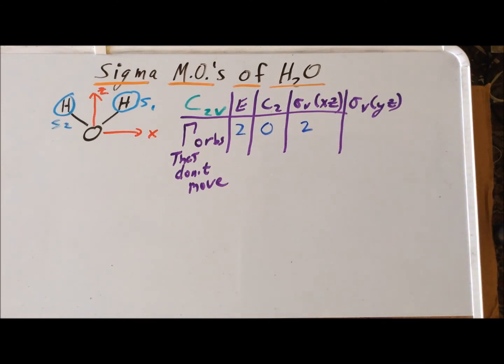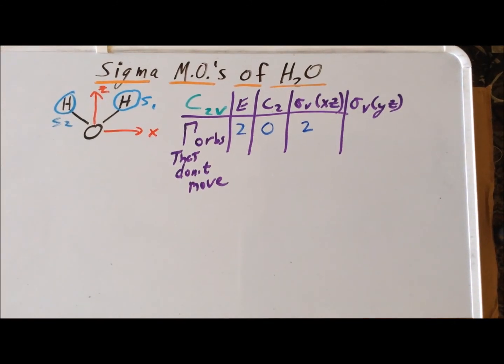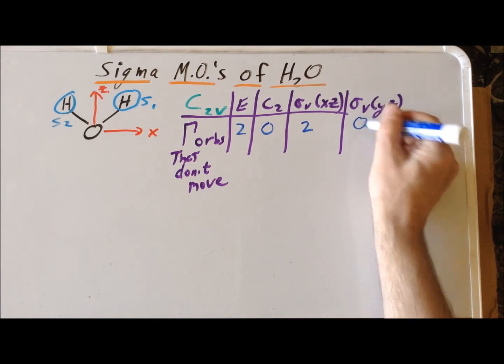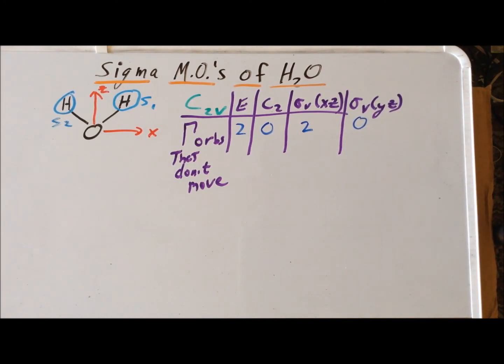Last but not least, sigma V in the YZ plane, so that is the plane perpendicular to the whiteboard. That would reflect S1 into S2 and S2 into S1. Since neither of the two orbitals stays put, we put a character of 0 for this particular class in the reducible representation, gamma orbitals that don't move.